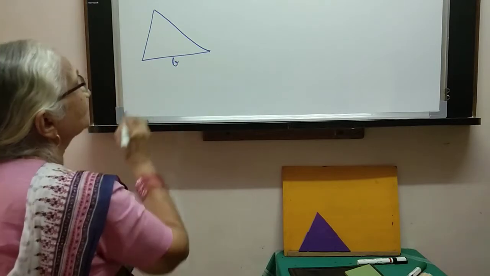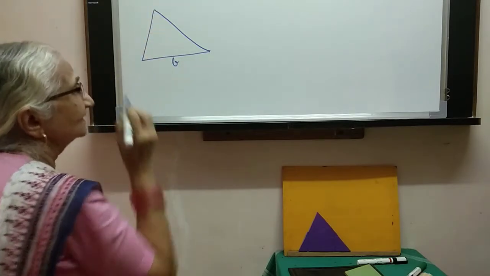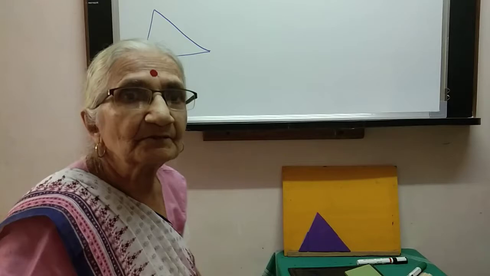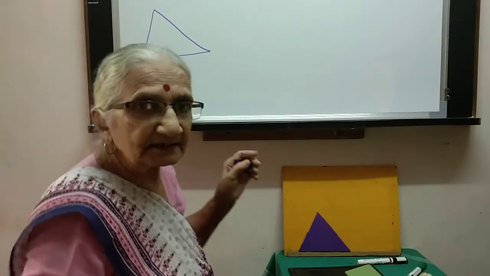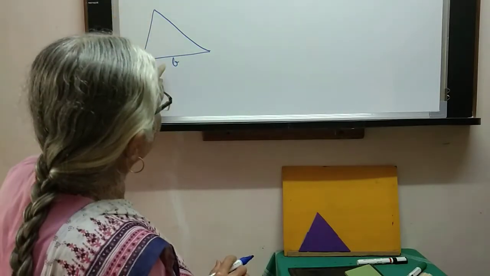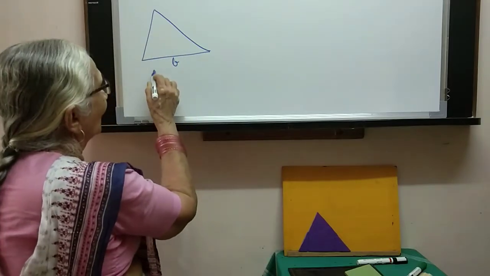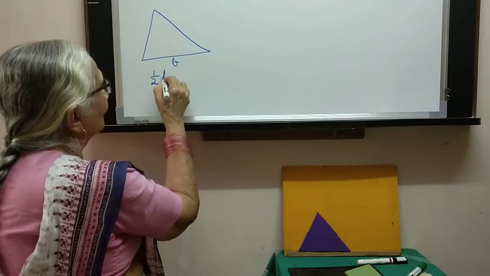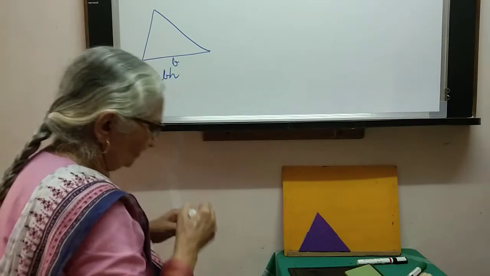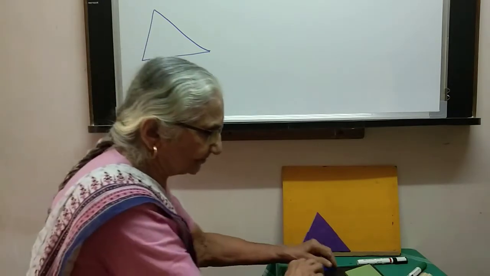B is the base and H is the height. I'm not going to draw it there, but H is the height of the triangle. It is the altitude from the opposite vertex onto the base. And the area is supposed to be 1/2 B into H. We are going to verify this.